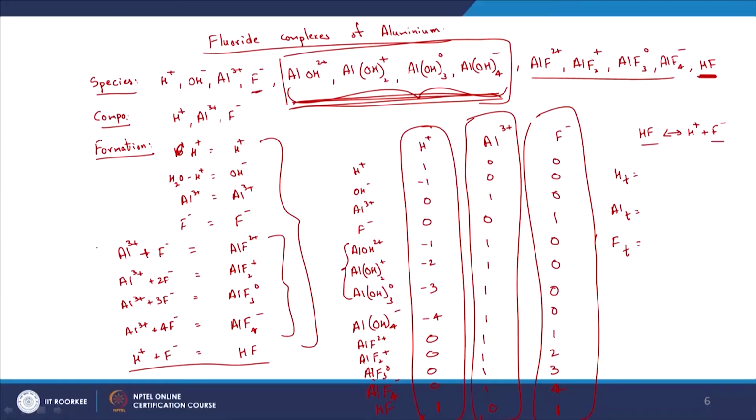The way we wrote down the formation equations, you might need to change them slightly if required, because we had the deprotonated form addition here, but beta 1 star would require the addition of the protonated form of the ligand, which is HF. So then you would have minus H plus here. That's something you need to take into account.